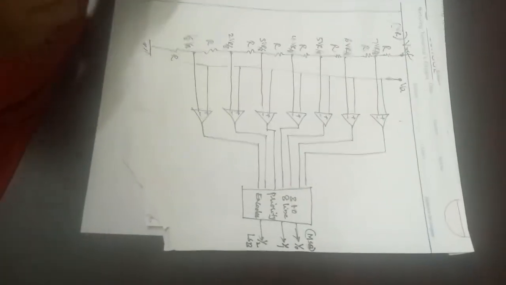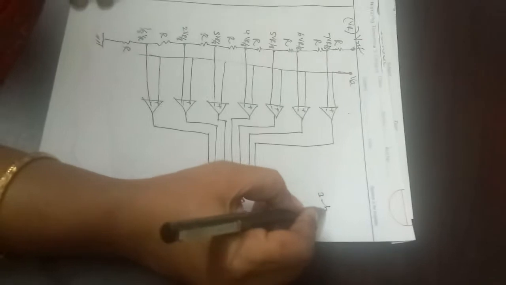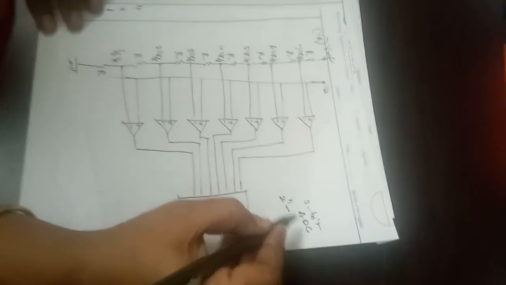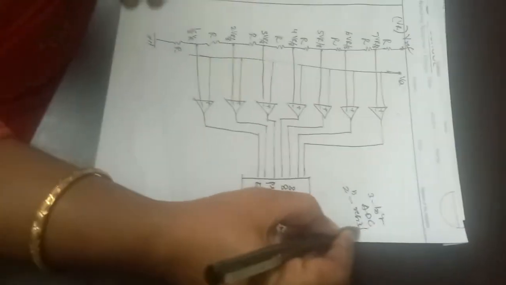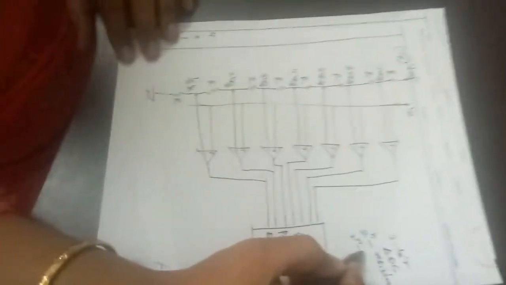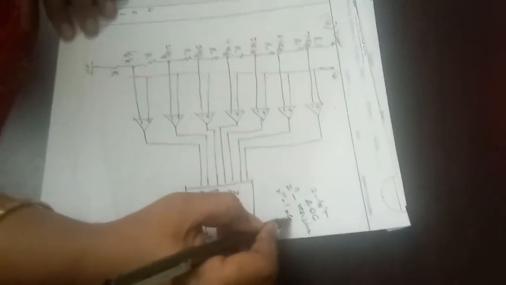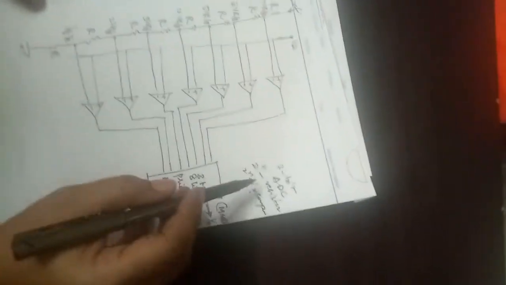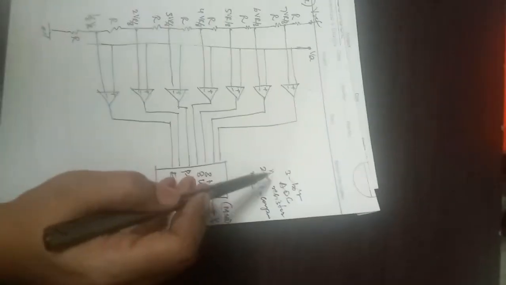For this flash type ADC, suppose I have connected a 3-bit ADC. A 3-bit ADC means it requires 2 power n resistors and 2 power n minus 1 comparators. Comparator means op amp; here the op amp is used as a comparator. So it is 3-bit, meaning 2 power 3. 2 power 3 means what? 8 resistors.